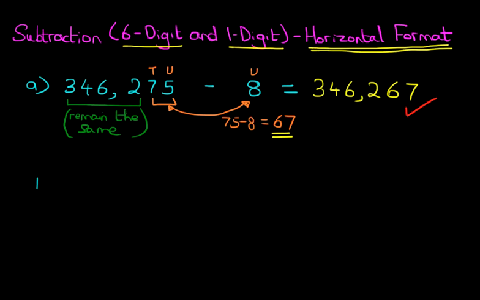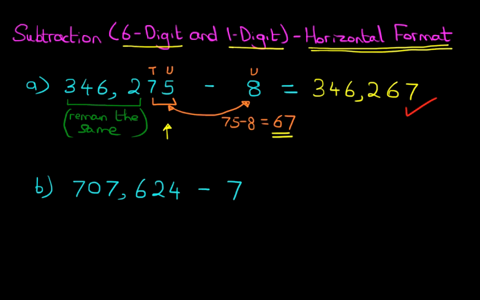Let's have a look at our second example. This time we have 707,624 minus 7. Just coming back to the first example, why did we do it this way as opposed to looking at the whole number?